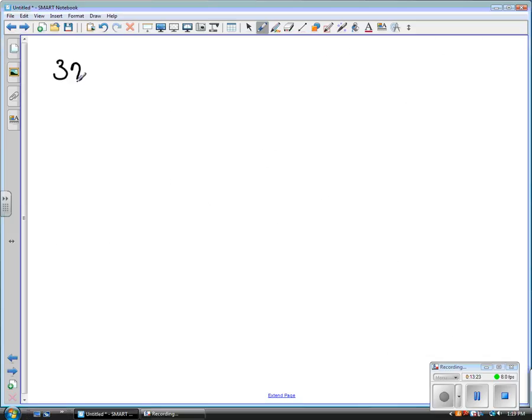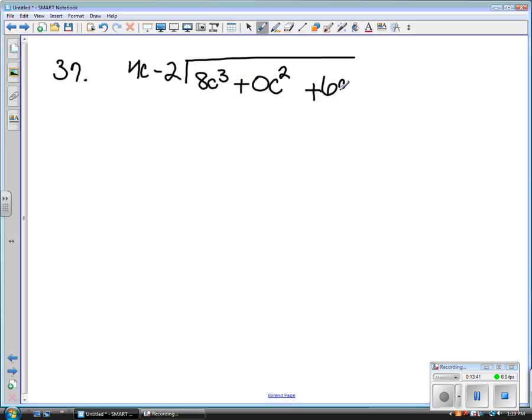Alright, let's look at 37. 37 said 4c minus 2, that 4 looks kind of funny, sorry guys. 8c cubed. What's the rest? Plus 0 squared. There you go. Everybody understand why I had to add this in here? Okay, that's probably one thing. I forgot to do that one on this one. Okay, it's alright.